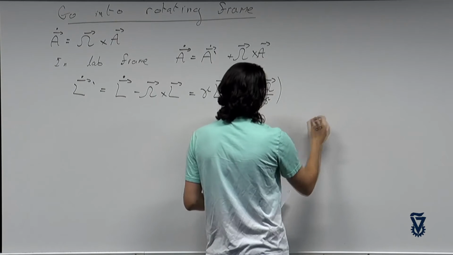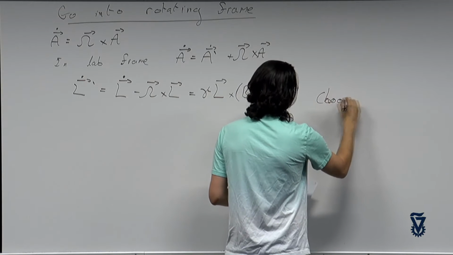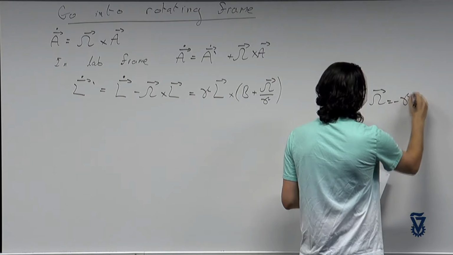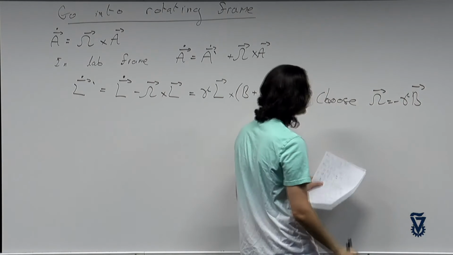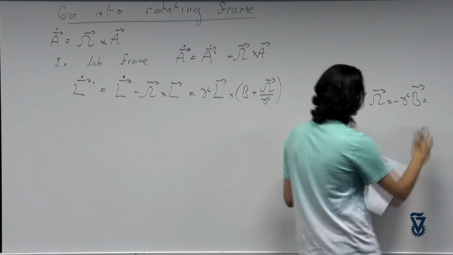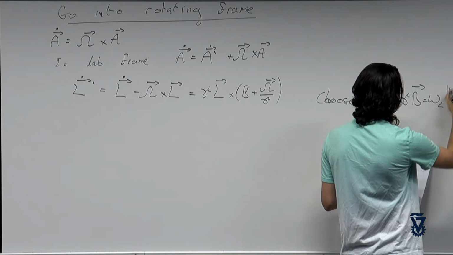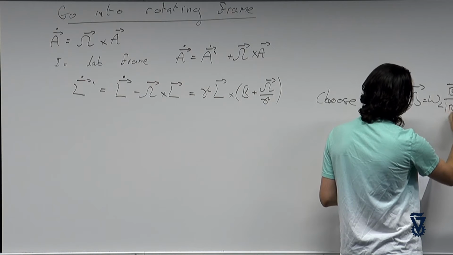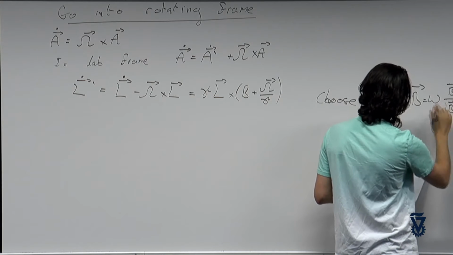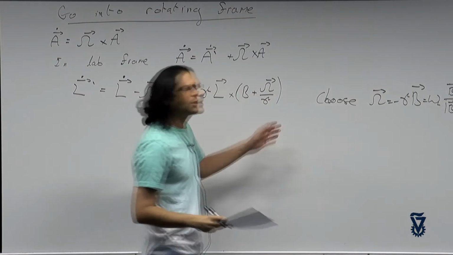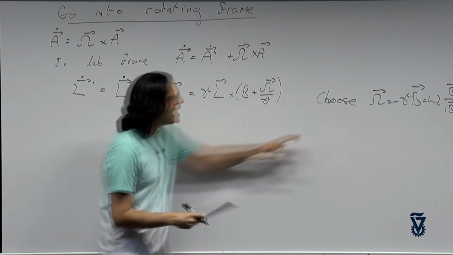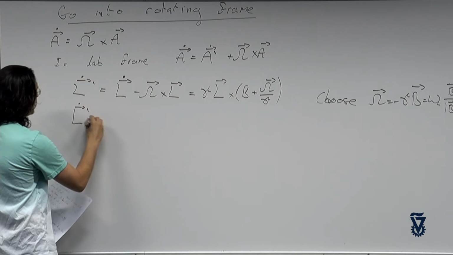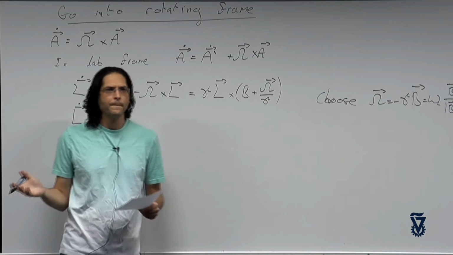If we choose omega to be minus gamma B, which comes out to be the Larmor frequency, B over the size of B, basically we're going into the frame of the Larmor frequency, and we get what we expect, and that is that L dot prime equals 0.